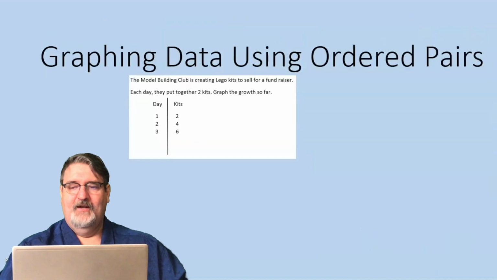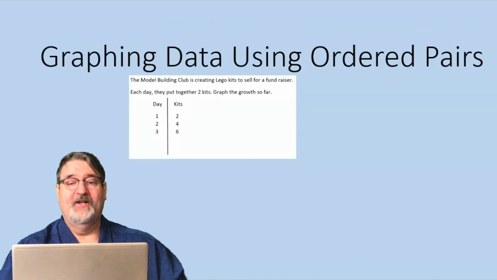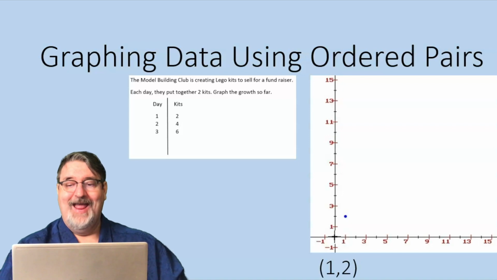Let's look at another one. The model building club at school is creating Lego kits to sell for a fundraiser. Each day they put together 2 kits. Graph the growth that the club has had so far. On day 1, it shows that they made 2 kits.